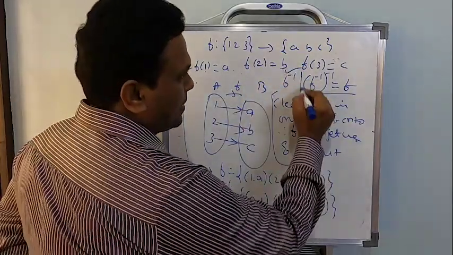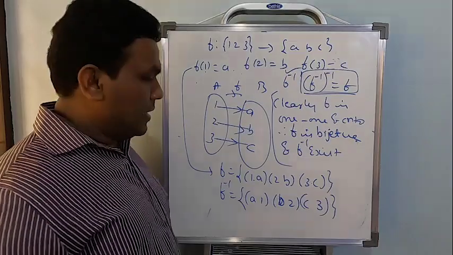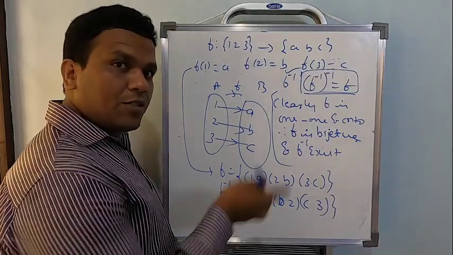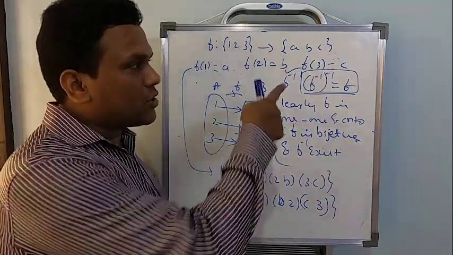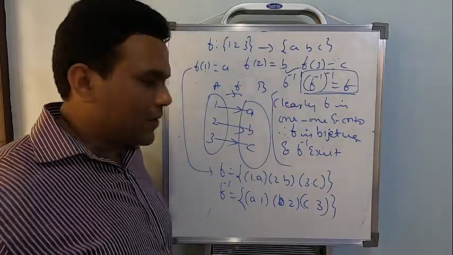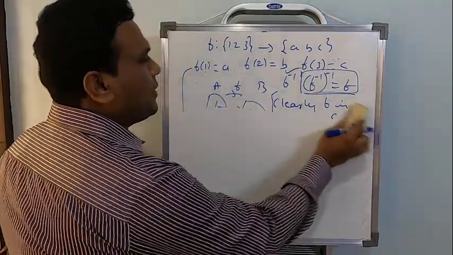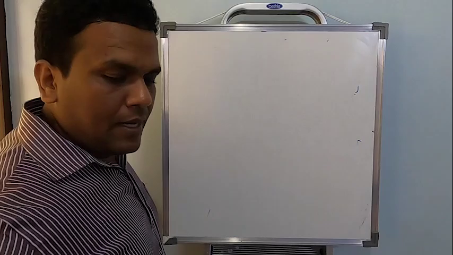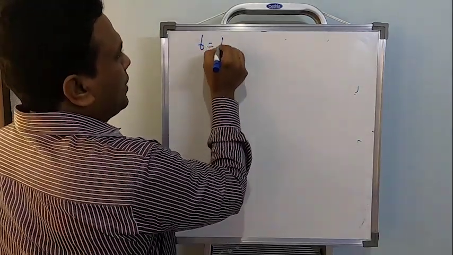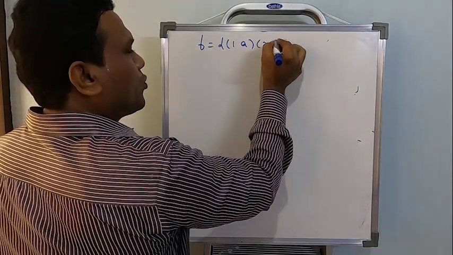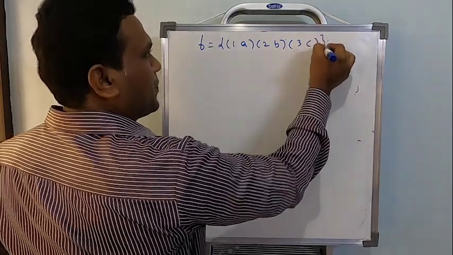Look at the second part. They said this is f inverse. For this, you find the inverse once again, and that should be equal to f. Clear? Right. Now, what I will do: I know f is (1, a), (2, b) and (3, c).